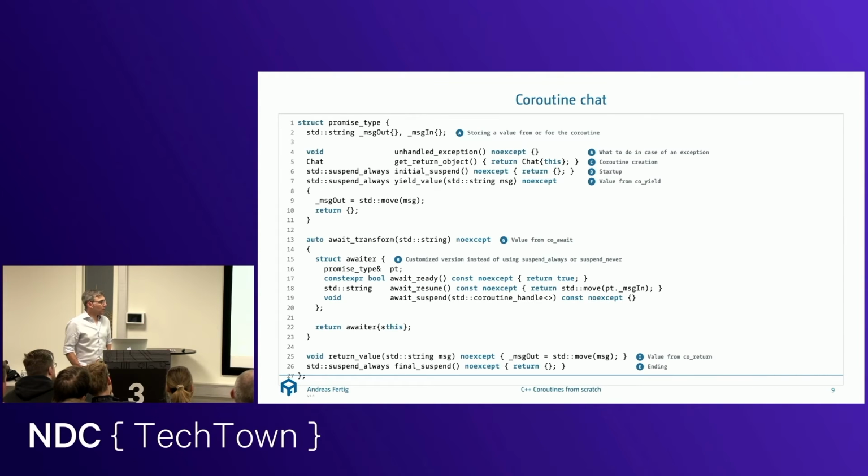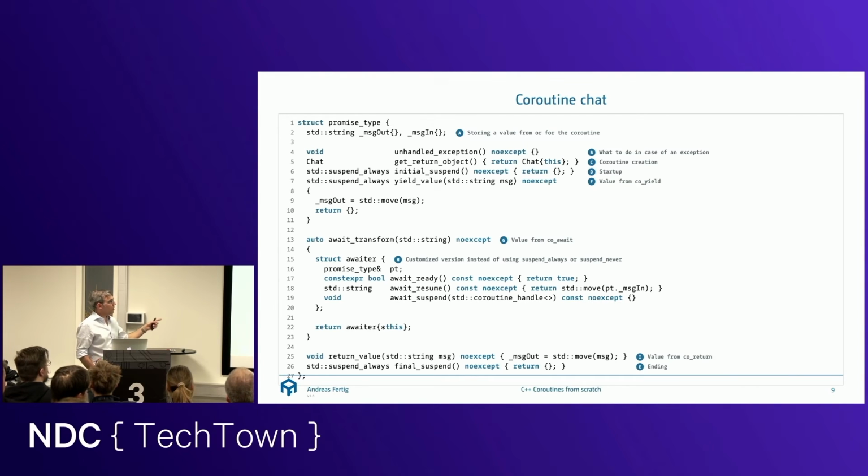The final two customization points at the bottom of the slide are return_value, because I have a co_return in there. This is what a compiler looks for in my promise type, and it's the same as for yield value. You can provide it with different signatures here. So in my case, it simply takes a std::string, but you can also have it take a std::string by reference, const reference, and so forth, same as before.